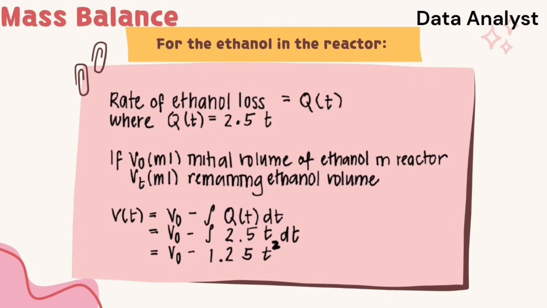So V(t) is equal to V0 minus the integral of Q(t) dt, which is V0 minus the integral of 2.5t dt, which is V0 minus 1.25t squared.